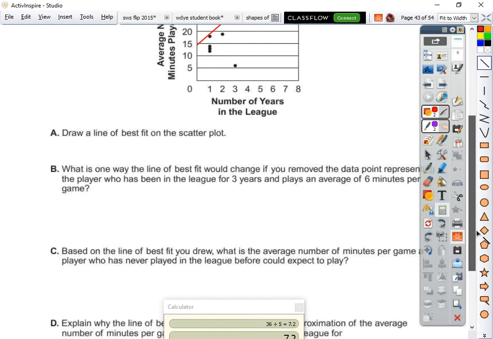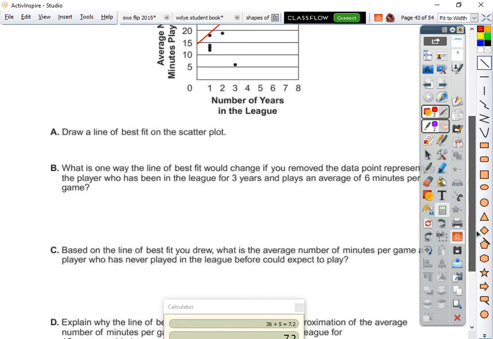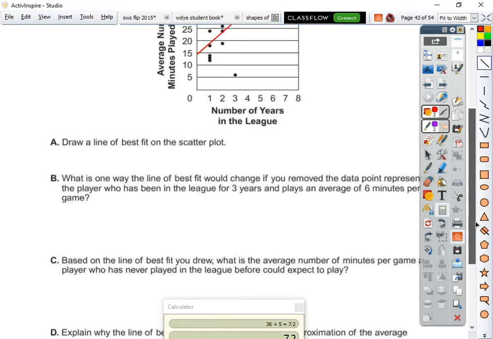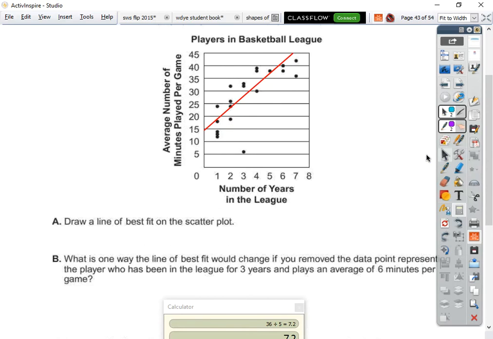What is one way the line of best fit would change if you remove the data point that represents that one kid? Well, without this outlier, I would conjecture that the line would probably slide up. So I would probably say that the y-intercept would change.